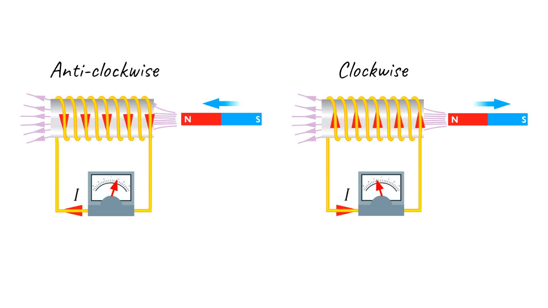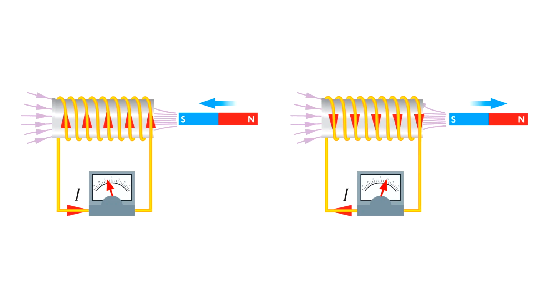And if we flip the polarity of the magnet, if the south end of a magnet moves toward the coil, you see the current is now clockwise. And if the south end of a magnet moves out of the coil, the current is anticlockwise.